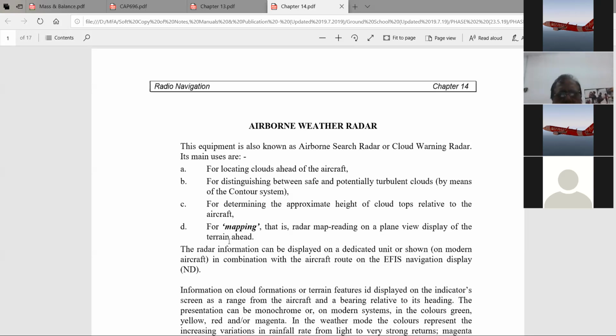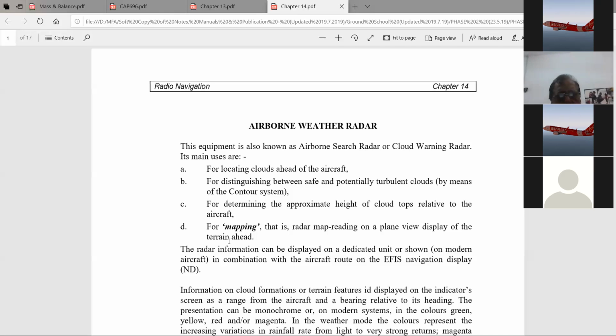Now, when you talk about the danger of the cloud or the turbulence in the cloud, that depends on the size of the water droplets in the cloud. The larger the size of the water droplets, more is the turbulence. The larger size is about 3 centimeters square.